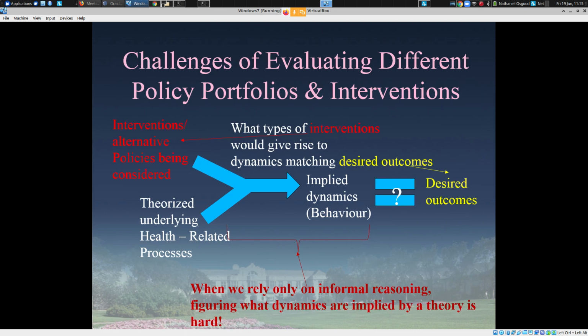Here, not only are we dealing with the challenges we saw earlier, where we have a theory and we want to understand the degree to which it's consistent with evidence, but we're seeking desired outcomes and considering possible interventions that will change things in the world.